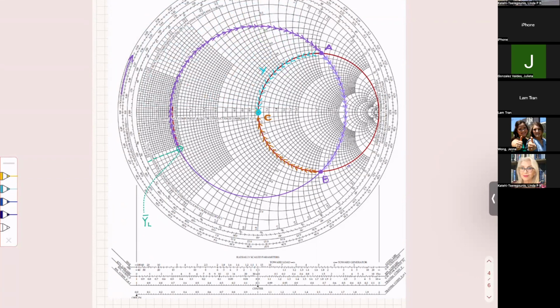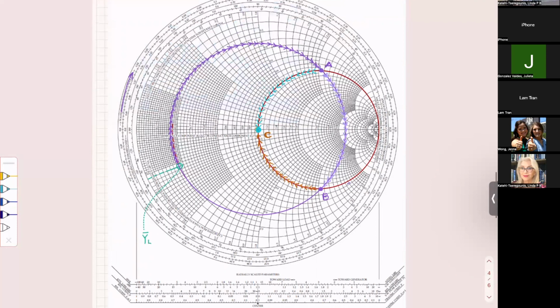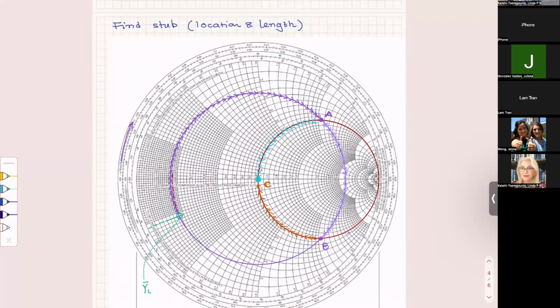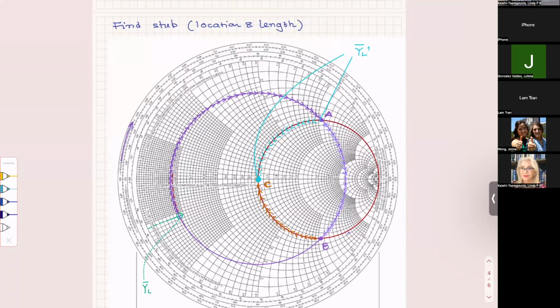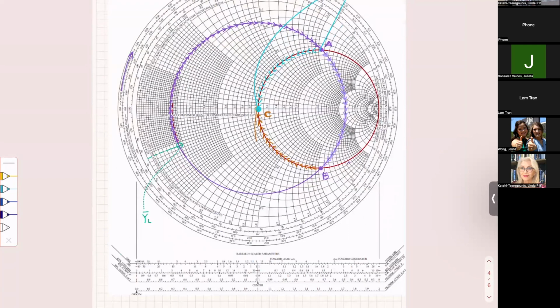In fact, I'm not going to do this here, but I will say this here and this, the distance between these 2 points gives me YL1, while this distance will give me YL2, all right?